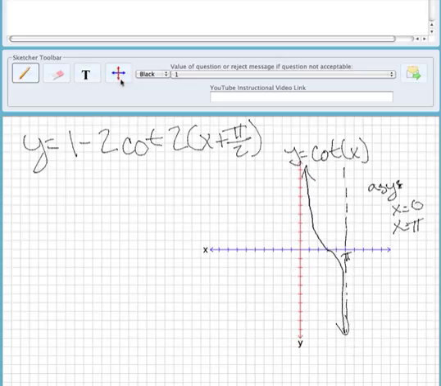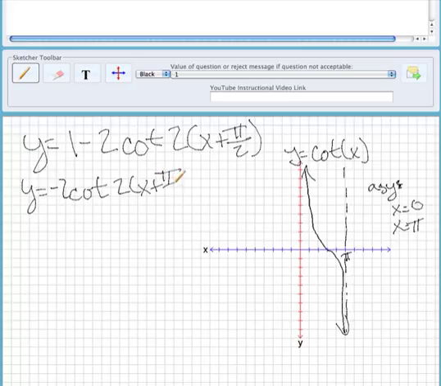So now, to graph ours, we're going to rewrite this as -2 cotangent of 2 times (x plus pi over 2), plus 1. The first two things that we want to see are this and this.